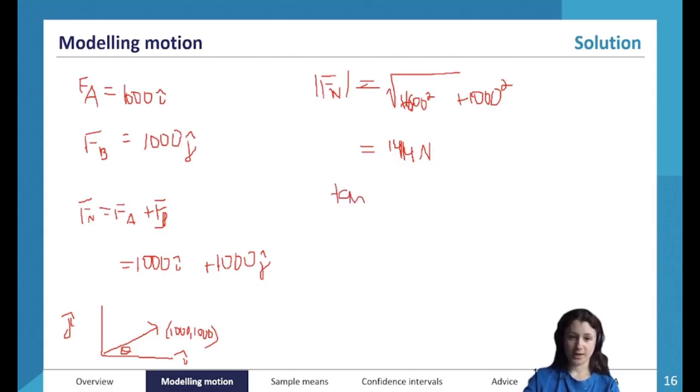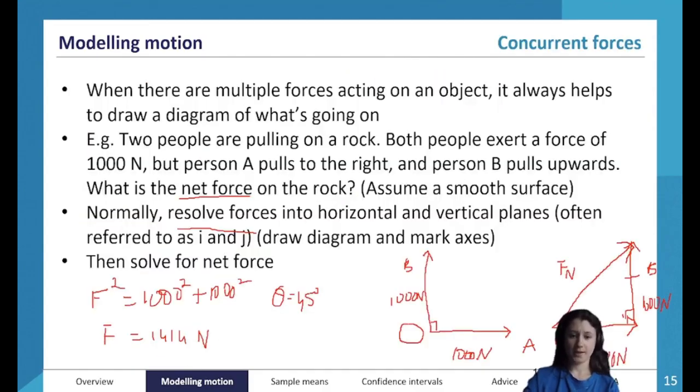So we know that tan theta is going to be the y component over the x component. And this again would give us 45 degrees. Alright, so same answer, just different method.